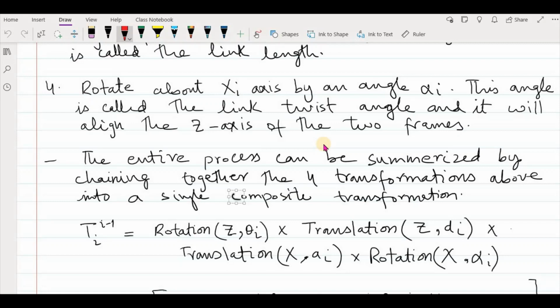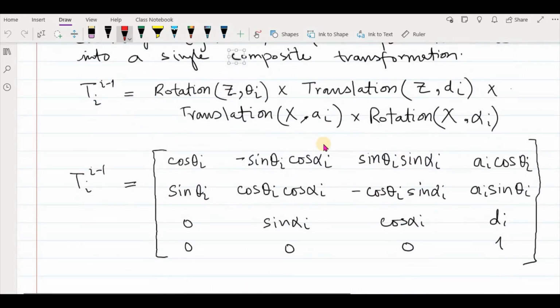If you remember from the previous slide, in the beginning of this lecture, we saw the rotation about the z-axis with angle theta and its rotation matrix. I'm talking about the homogeneous three-dimensional rotation, and then translation, and then rotation. If you multiply all these matrices, you get this transformation matrix, which transforms your i frame into your previous frame, the i minus 1 frame.